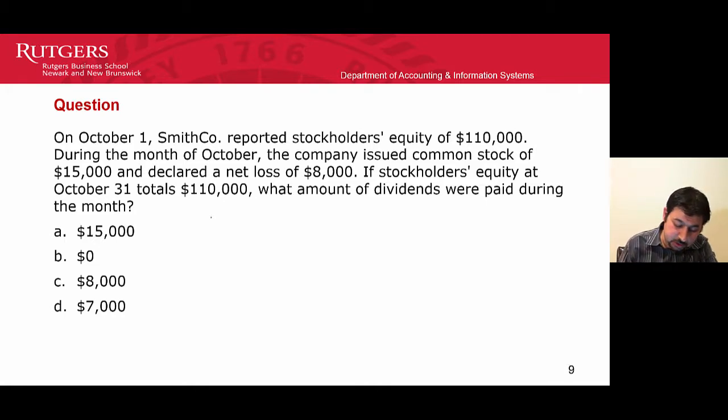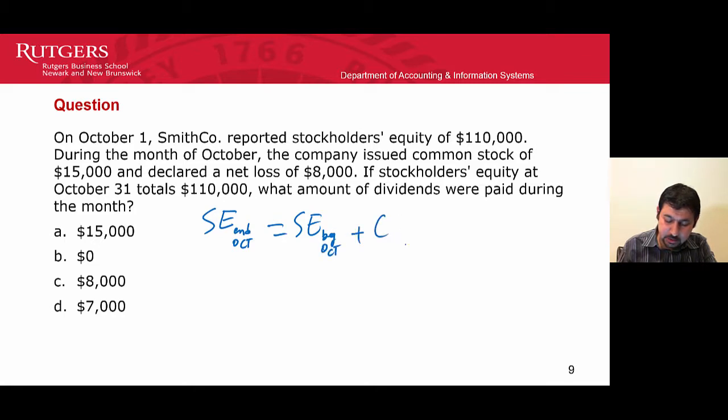So we start by writing the same equation. That was stockholders' equity ending at the end of October is equal to stockholders' equity beginning of October plus any common stock that was issued during October minus net loss, because we have here a net loss, minus dividends.